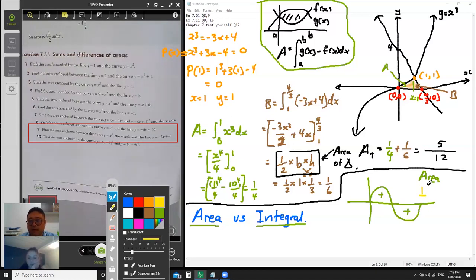If we're looking at the integral, it says that this area is positive, but this area is negative. Does that make sense? Okay, so now let me ask you this.